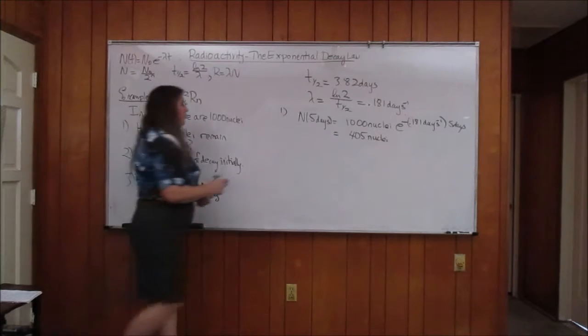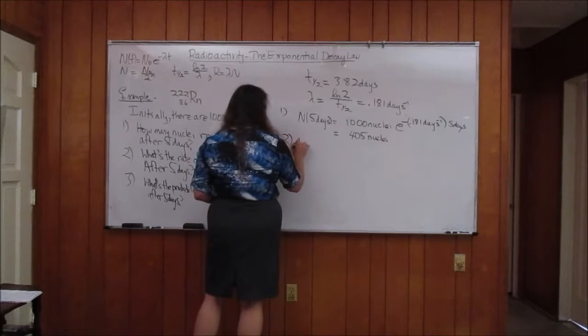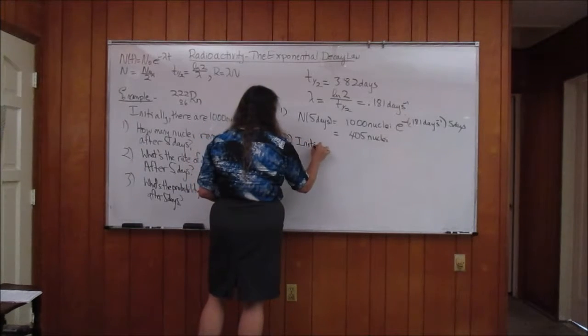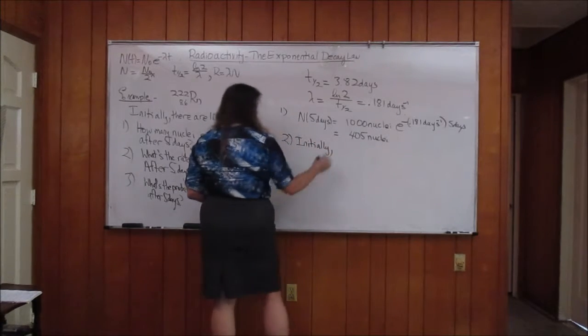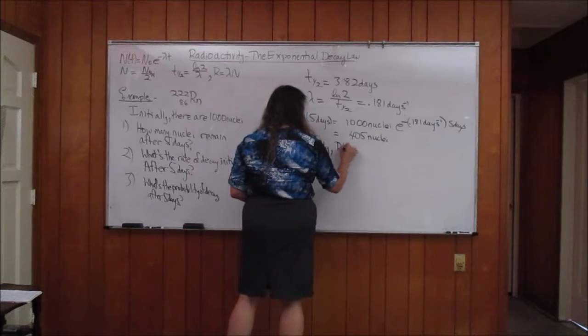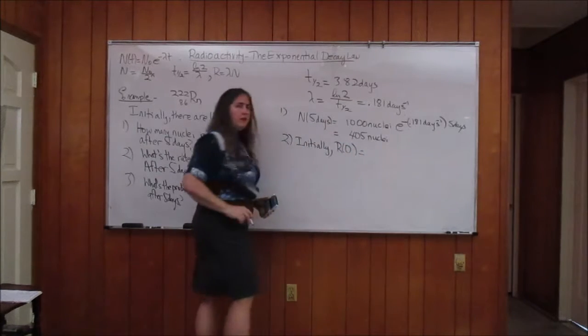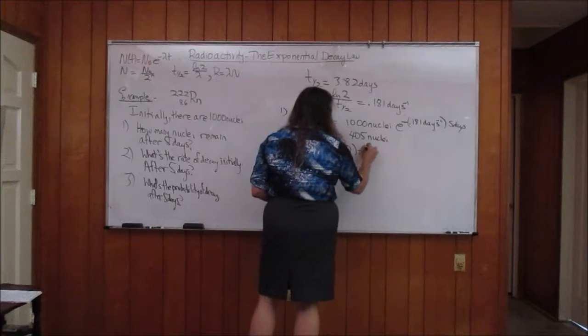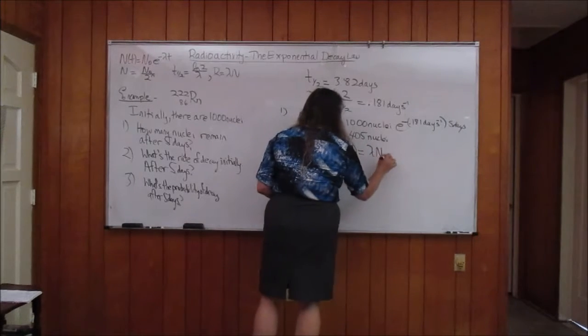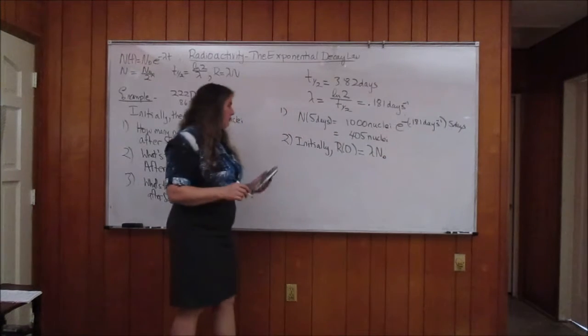Now, to answer the question, what's the rate of decay? Well, initially, rate at time 0 is equal to probability times the number of nuclei there originally.